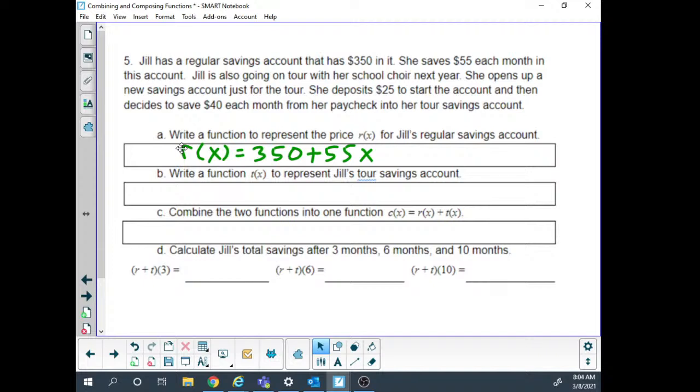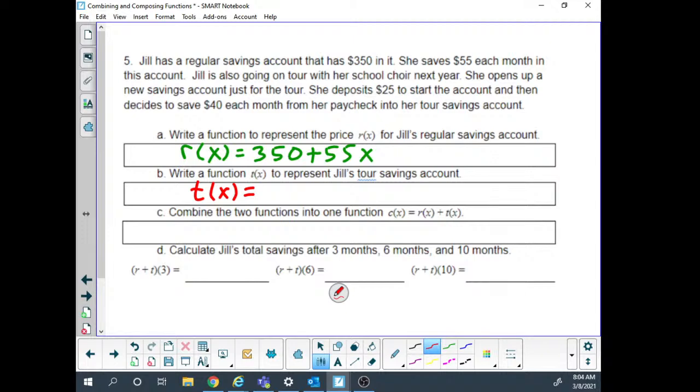How about number 1, table E? Scarlett, what do you think about T of x? What would that be? Her other savings account.